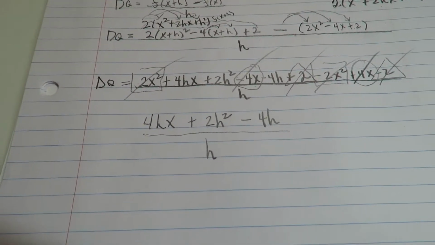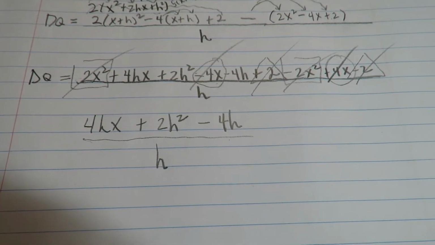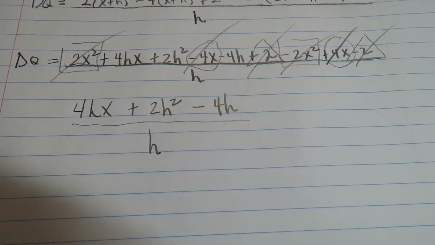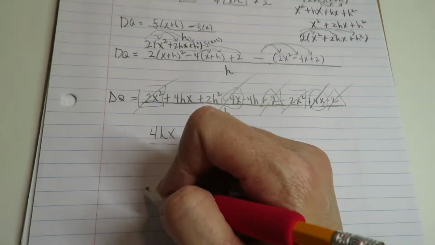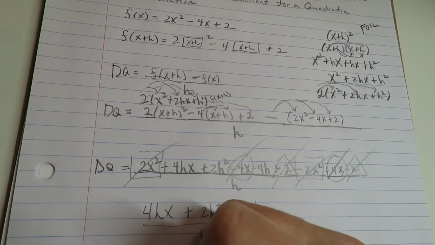Now you're not done here because you want to hand in your fraction in lowest form. And right now it's not in lowest form. You have to factor out the h and reduce it. Okay, so let's factor out this h.